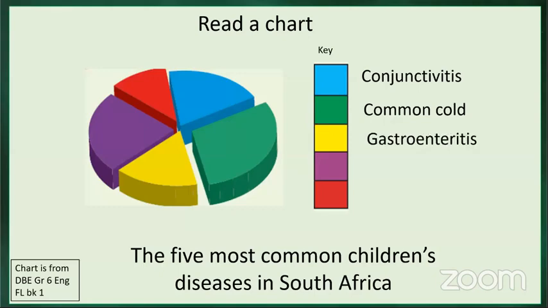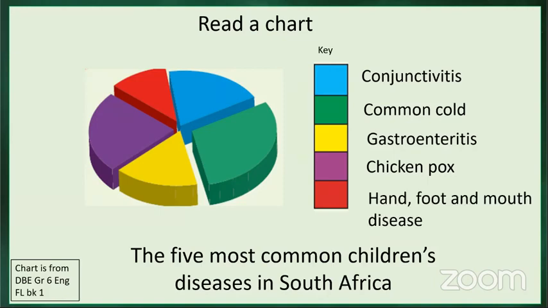These would be the things that people go to the doctor or the clinic about the most. And chickenpox is also very common. And I didn't know about this one, hand, foot, and mouth disease. So that's what I found out on the internet last night. And there's our chart, which is part of information text.